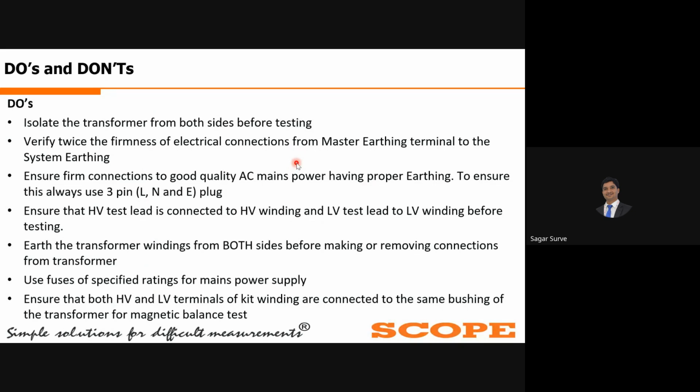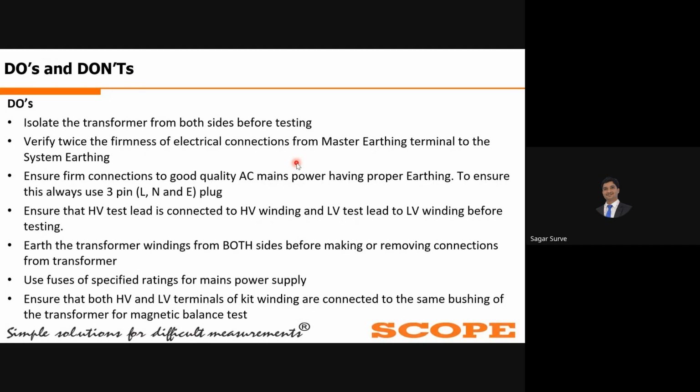So this was about the instruments we are supplying, the scope make transformer turns ratio measurement instruments. Before that we saw various tests on the transformer, including transformer turns ratio measurement, vector group test, and magnetic balance test.